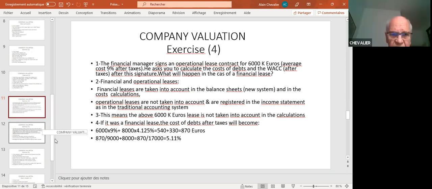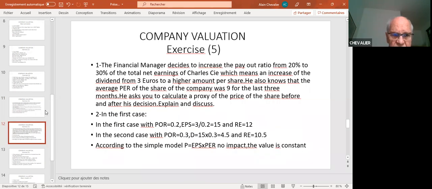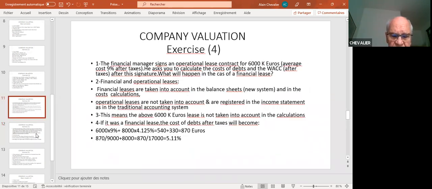For some firms it's very important because in some companies, particularly in the transportation sector, a large amount of lease contracts are used, and they allow a debt equity ratio which is very high, but at the same time, the cost of debt is very high.